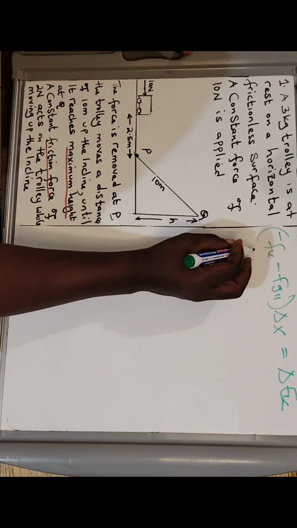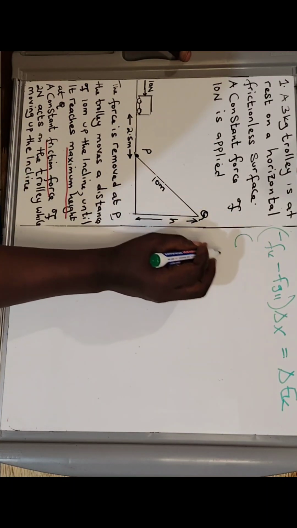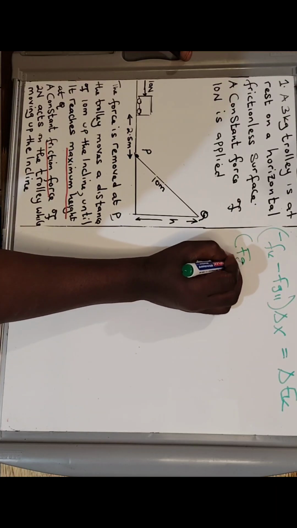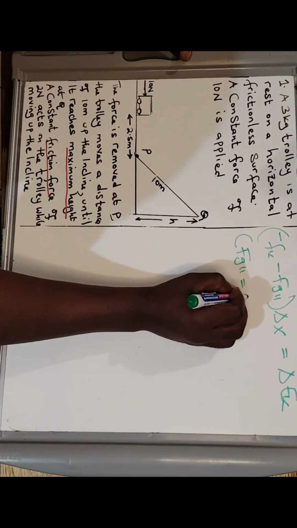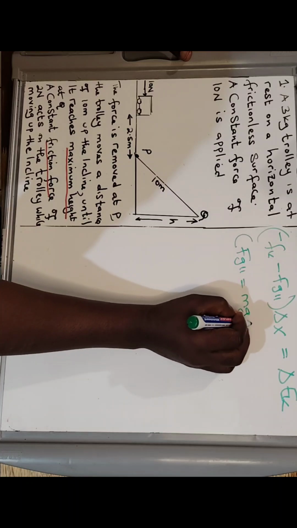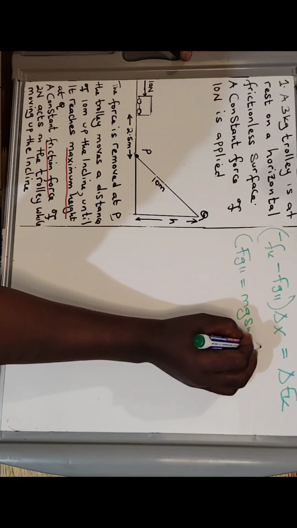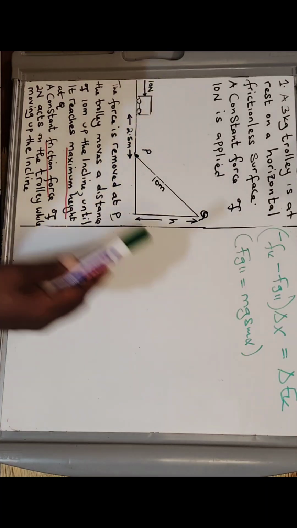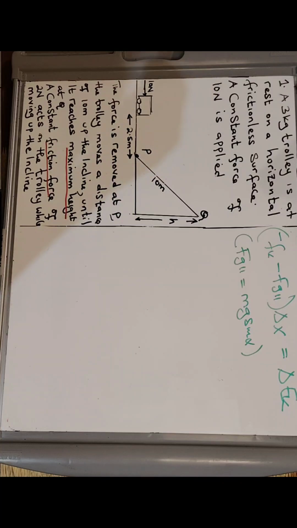But now you have to be reminded, this one is very important, that what we call Fg parallel is mg sine alpha. I'm sorry we are bringing in new information, but we hope that this is common knowledge to you.